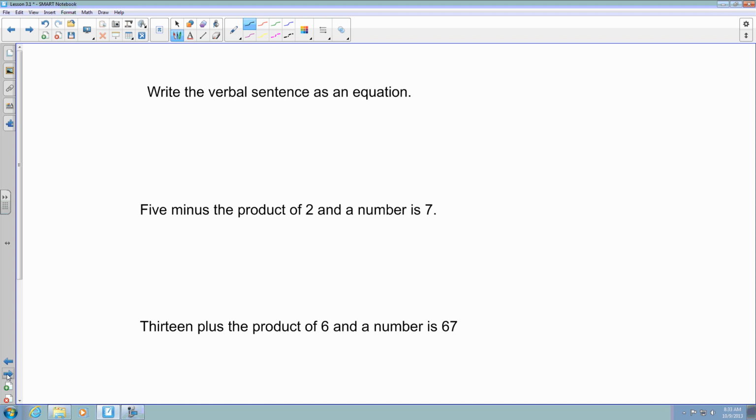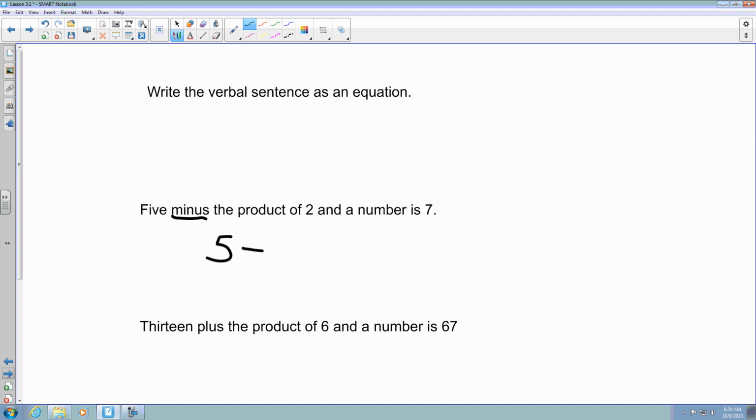Last thing we have for this section is some more verbal models. It tells us that 5 minus the product of 2 and a number is 7. So we've got 5. That minus tells us it's going to be subtraction.